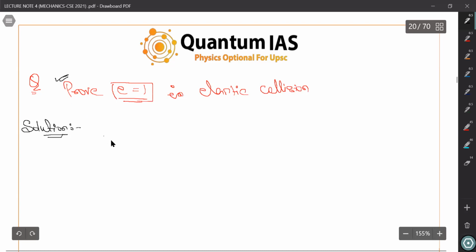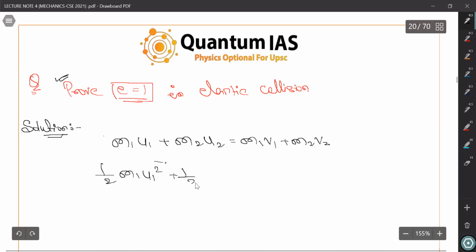You can write for elastic collision: m1 u1 plus m2 u2 is equal to m1 v1 plus m2 v2. I'm writing for one dimension only, and it equals half m1 u1 whole square plus half m2 u2 whole square equals half m1 v1 whole square plus half m2 v2 square.